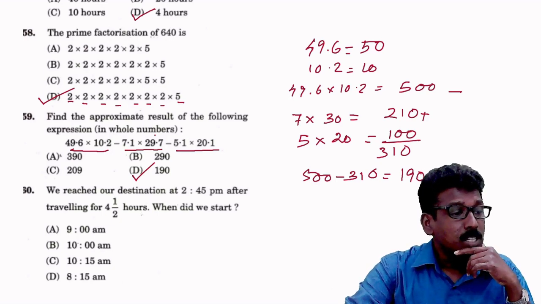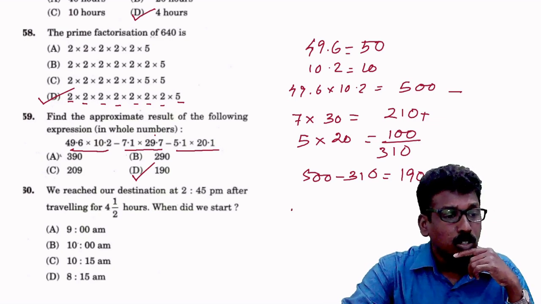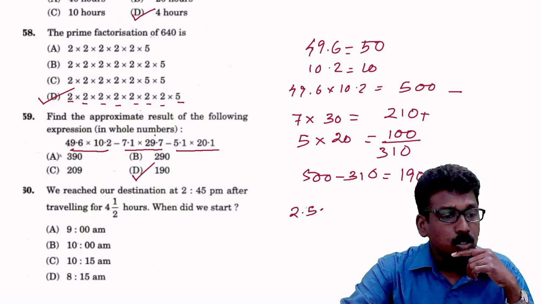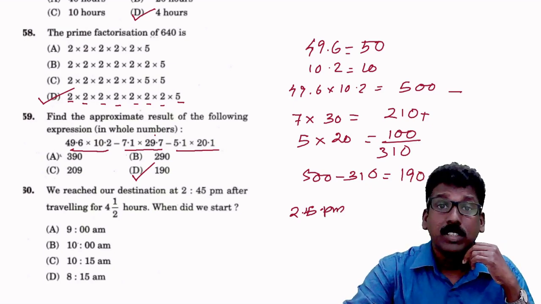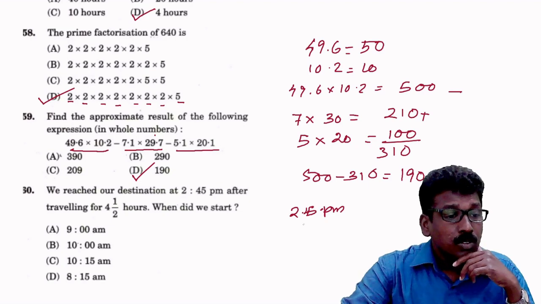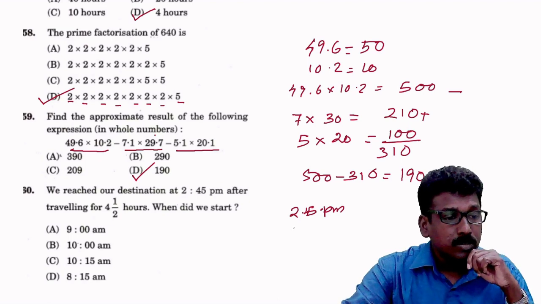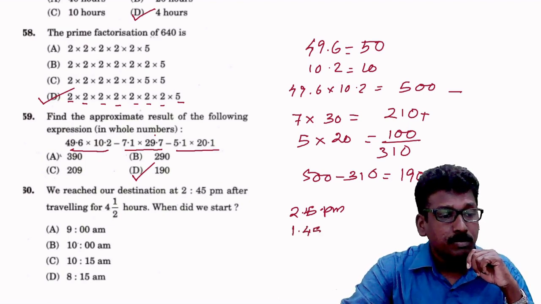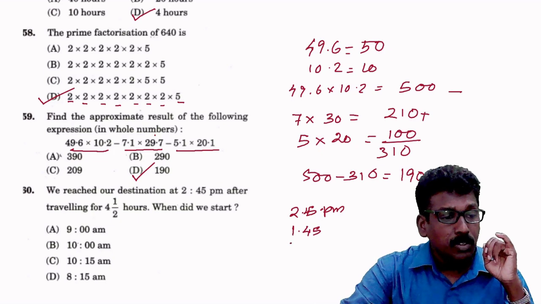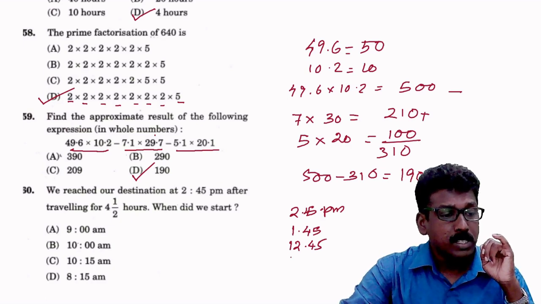Now look at the last question. We reach our destination at 2:45 p.m. after traveling 4.5 hours. So 1 hour before means it is 1:45. Second hour before means it is 12:45. Again 1 hour before means it is 11:45.